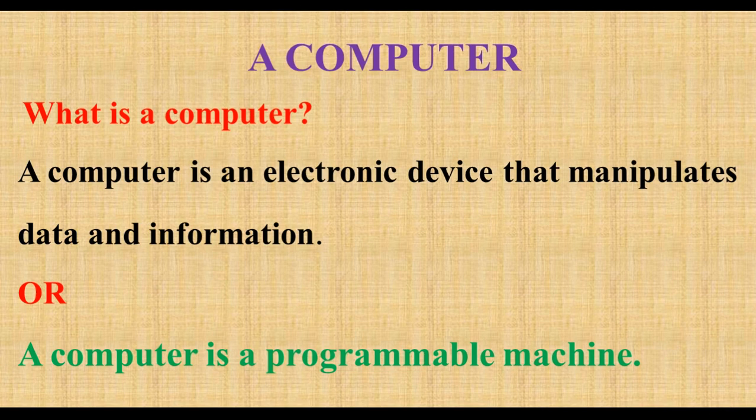So all devices that we use to manipulate data into information, they are all computers. For example, we can talk of a thermometer, a digital watch, a mobile phone, the PDAs, among others. So all those are examples of computers.